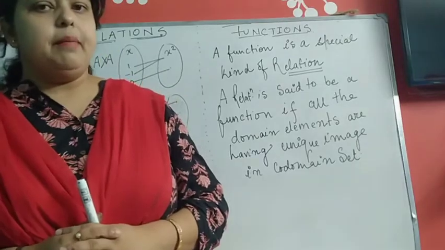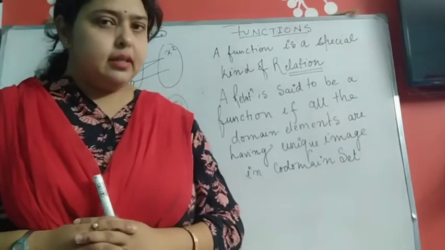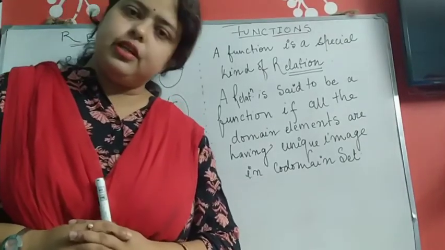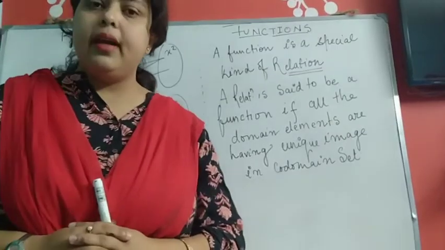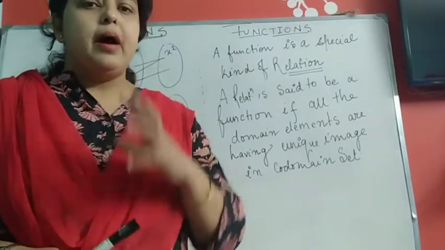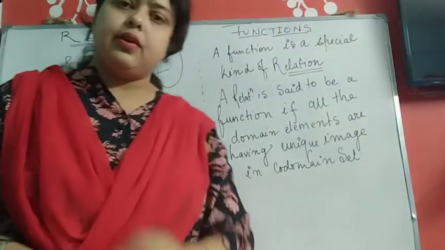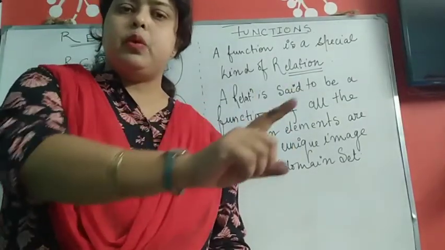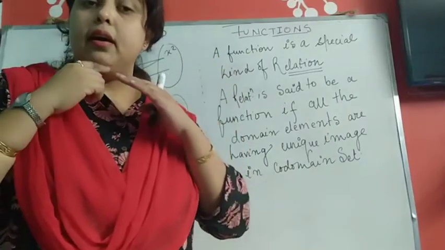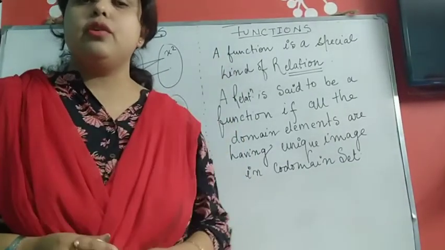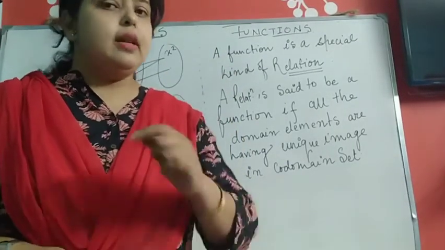You have studied about the pictorial representations also in relations, but I would like to again tell you something about that mapping, and it will help me to describe the difference between and elaboration on the definitions of relations and functions. So let's do that.